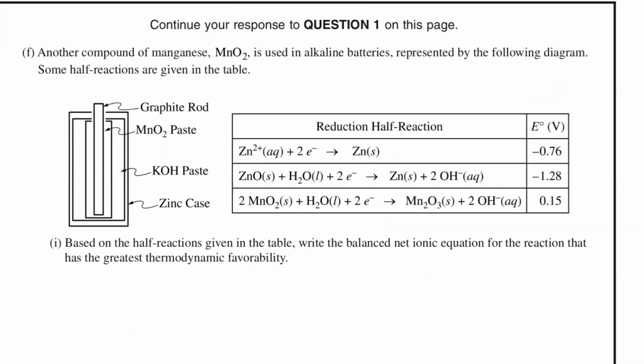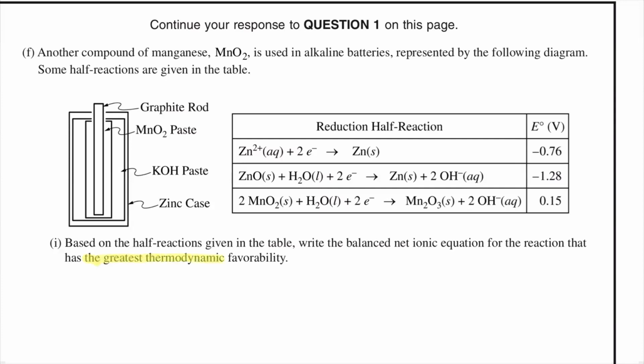Now coming to this question: based on the half reactions given in the table, write the balanced net ionic equation for the reaction that has the greatest thermodynamic favorability. Okay, so this is the keyword here.